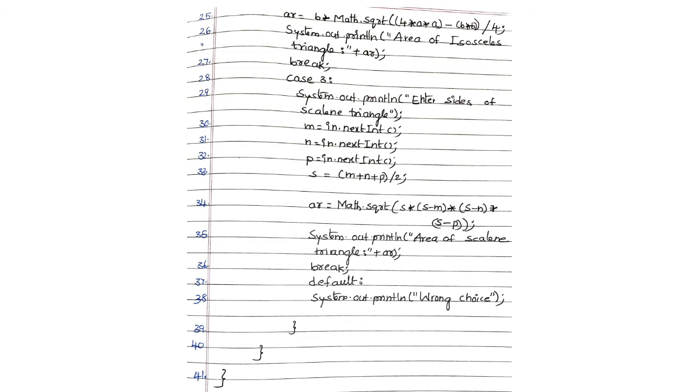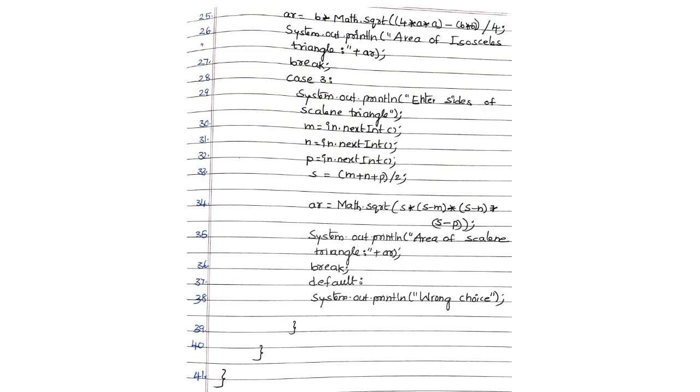Now come to the third case. Here we have to calculate the area of a scalene triangle. That's why we have to input three sides of a scalene triangle. System.out.println enter sides of scalene triangle, and I have taken the three sides as input, that is m is equal to in dot nextInt, n is equal to in dot nextInt, p is equal to in dot nextInt.